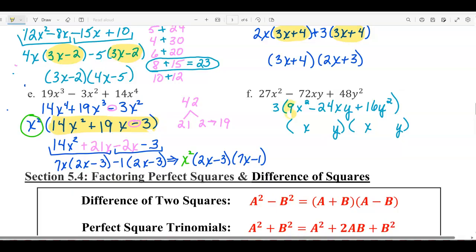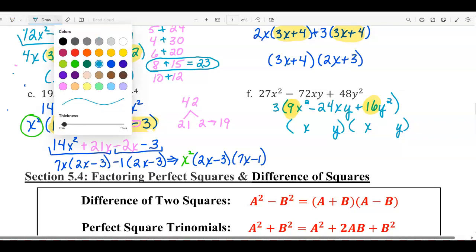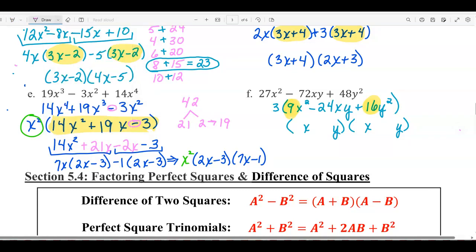Whenever you see a perfect square number in the first position and in the last position, so in other words, 9 can be rewritten as 3 squared, and 16 can be rewritten as 4 squared, often those are the values that fall in the factors.